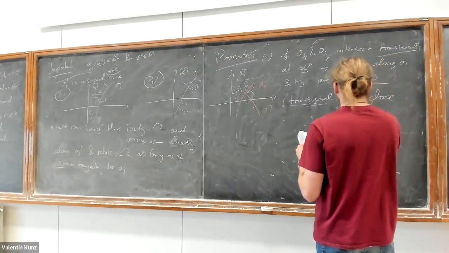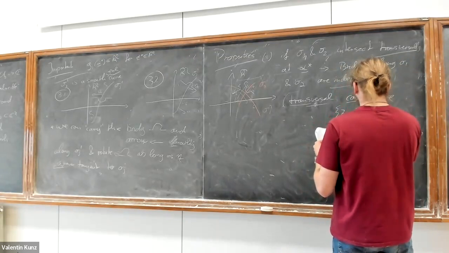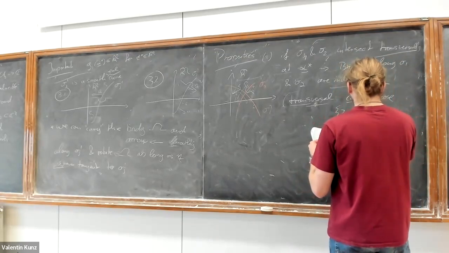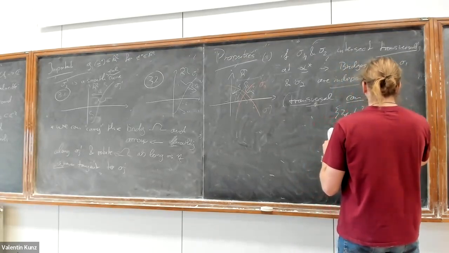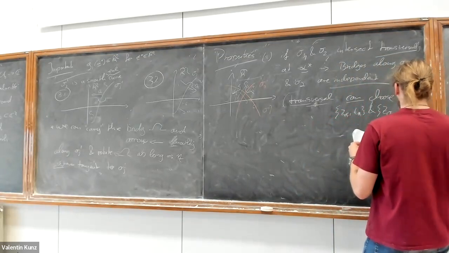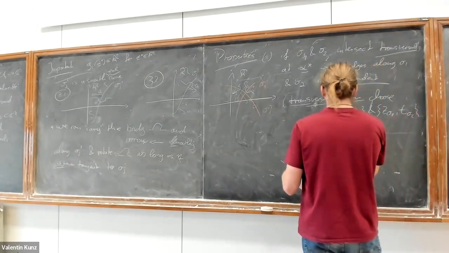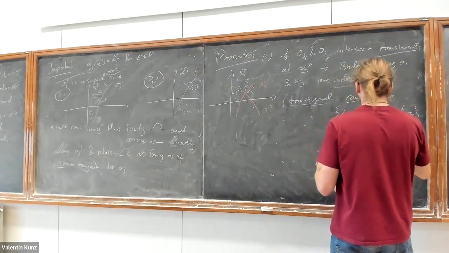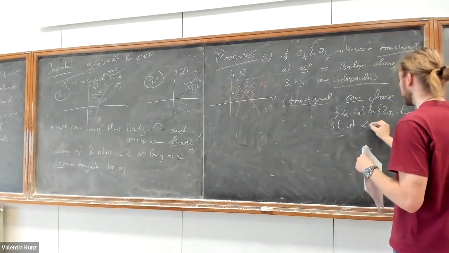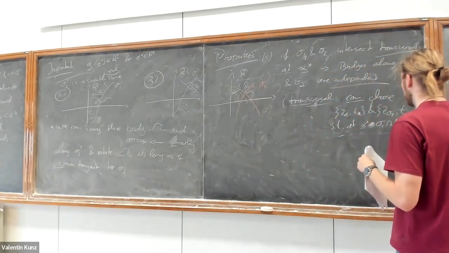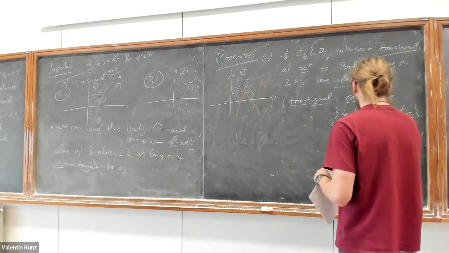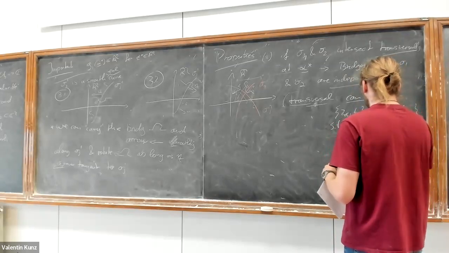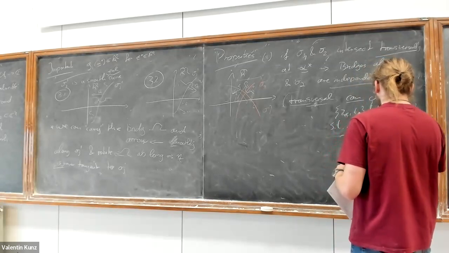Can choose that one, P1. Maybe let's say it's sigma 1 and T sigma 1. And then sigma 2. Such that at alpha star, which is in the intersection, we have that sigma 1 equals T sigma 2, and that sigma 2 is T sigma 1.